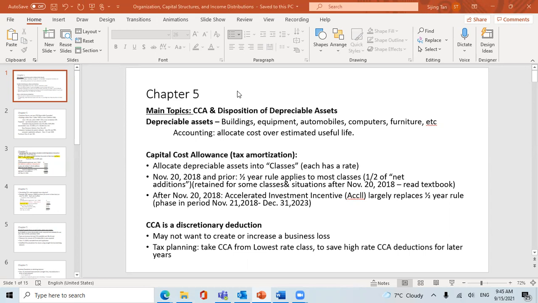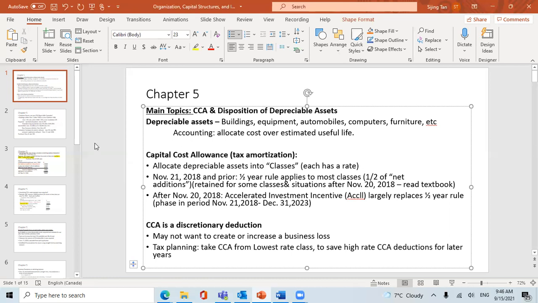So under capital cost allowance, we allocate depreciable assets into classes. Each class has a different rate. And then there are rules you need to remember. November 20th, 2018 and prior. Actually, it's November 21st, 2018 and prior, the half-year rule applies to most classes.